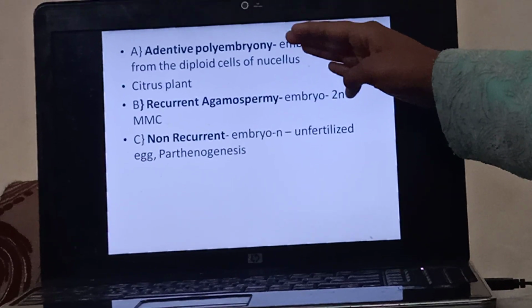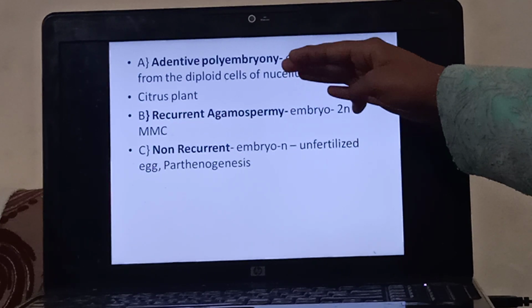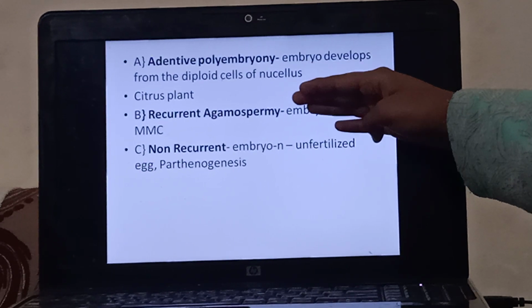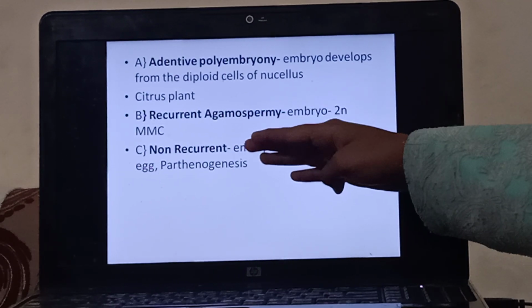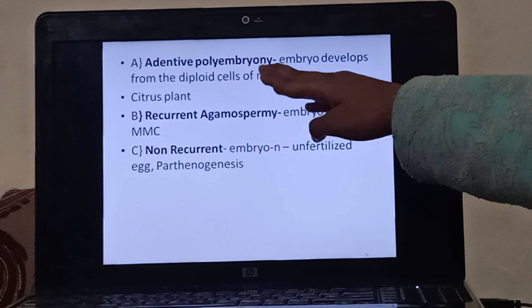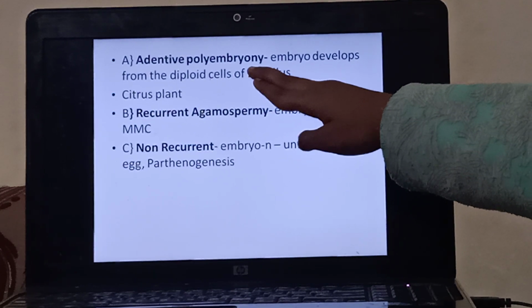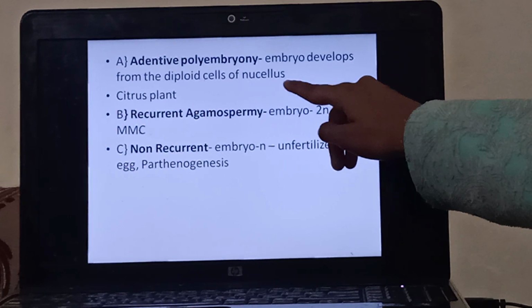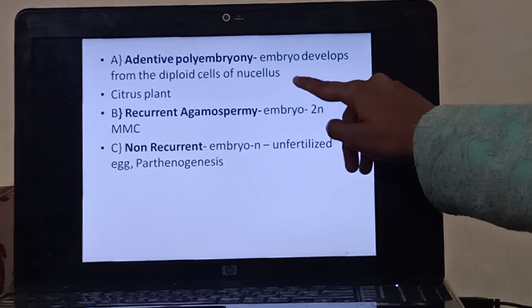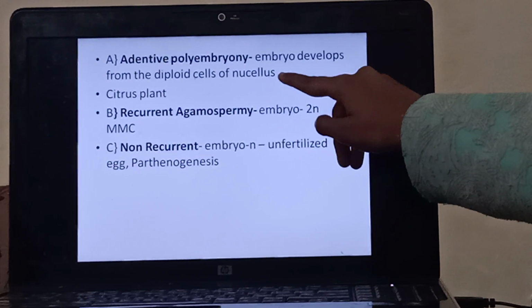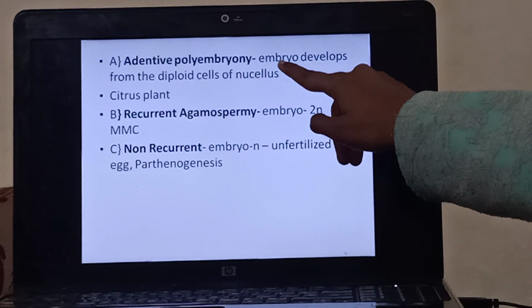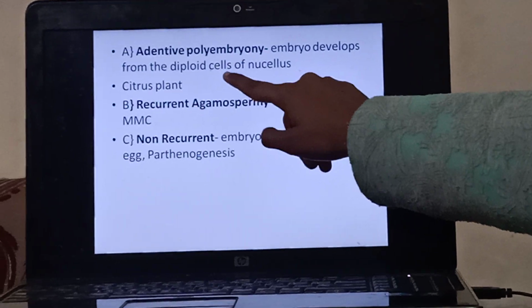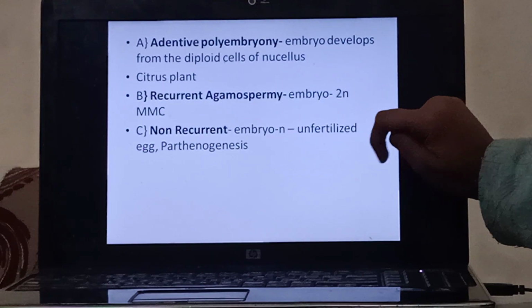Apomixis can be further divided into three types: adventive polyembryony, recurrent agamospermy, and non-recurrent agamospermy. First, adventive polyembryony, in which the embryo develops from the diploid cells of the nucellus. The nucellus is a mass of cells and the embryo is diploid. Example, citrus plant.